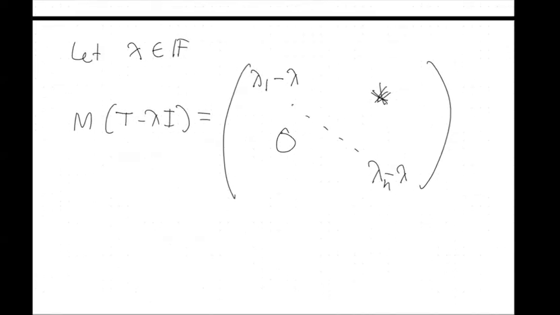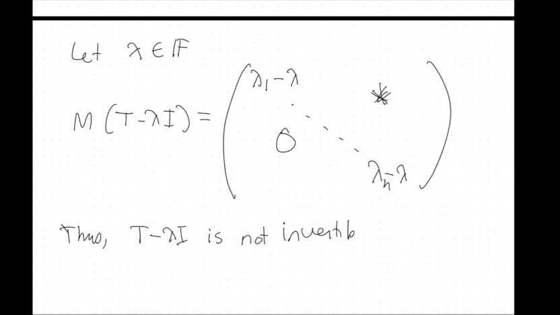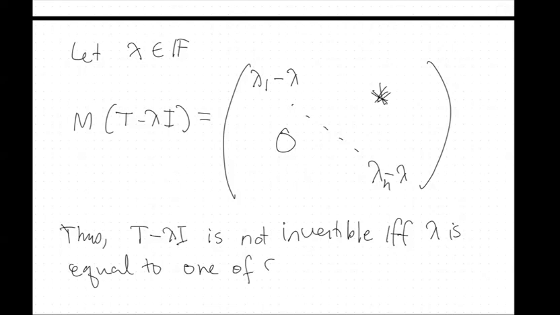Here, T minus lambda I is not invertible if and only if lambda is equal to one of lambda sub 1 up to lambda sub n.